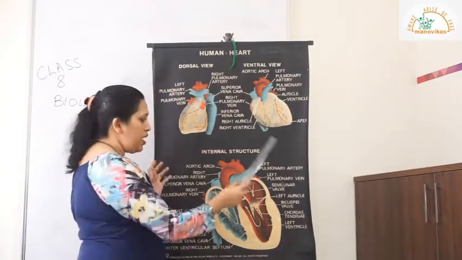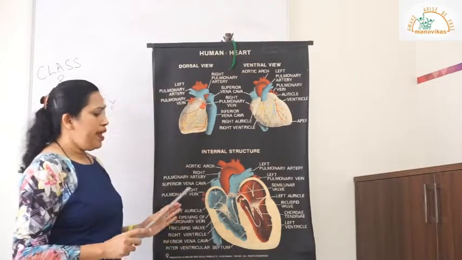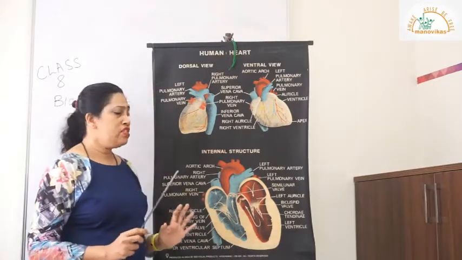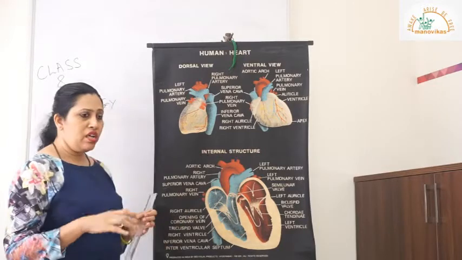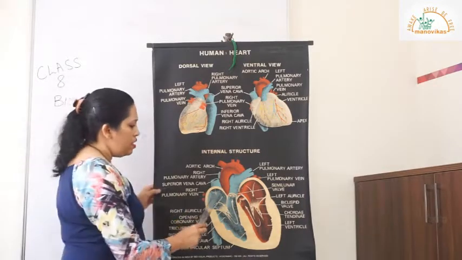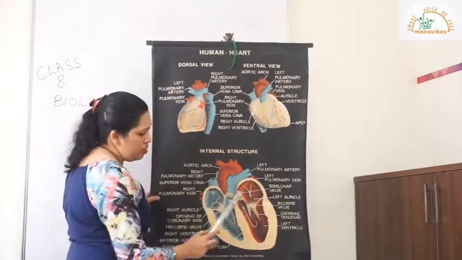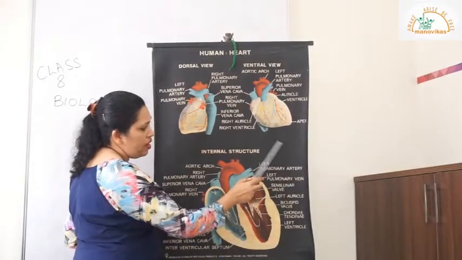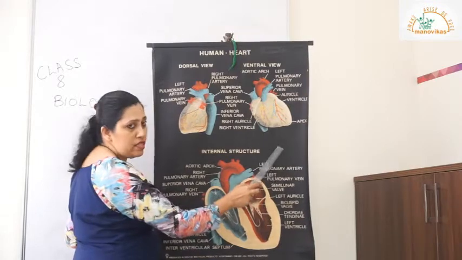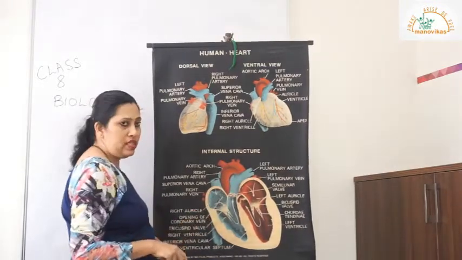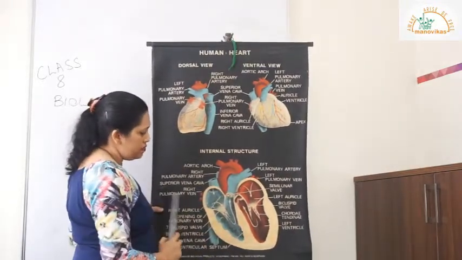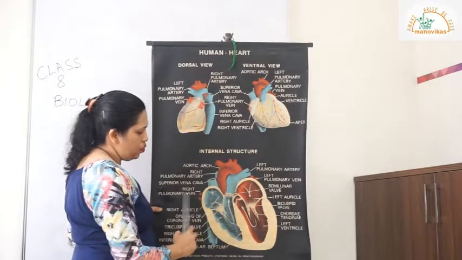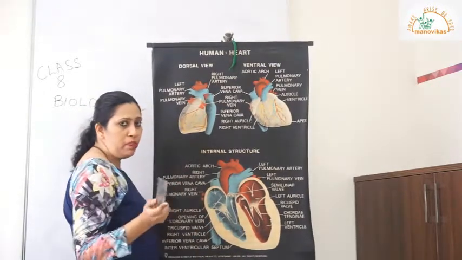I repeat once again so that you get the picture of it. If you think that this is one room, second room, third room, fourth room, and here there's an upstairs, fifth, lungs, then what you can say is, in the house, you come here, think you are the blood.